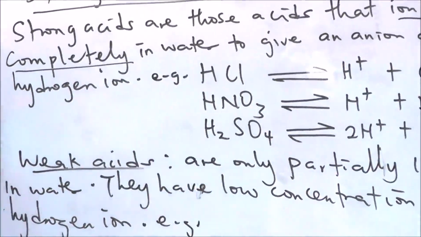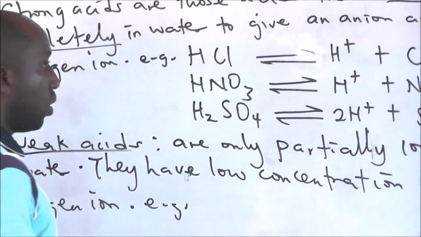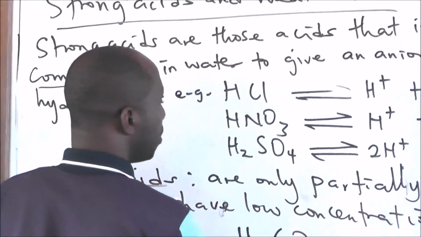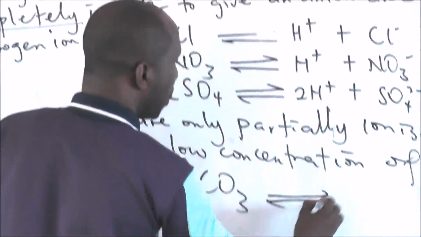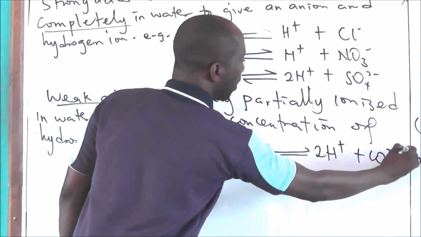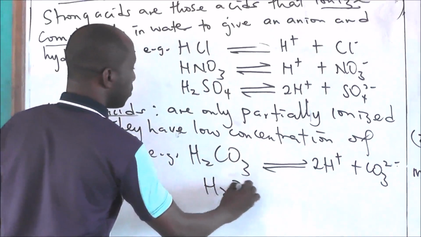For example, when you talk about your H2CO3, this one ionizes partially to give you 2H plus and CO3 2 minus. Then you have H3PO4.